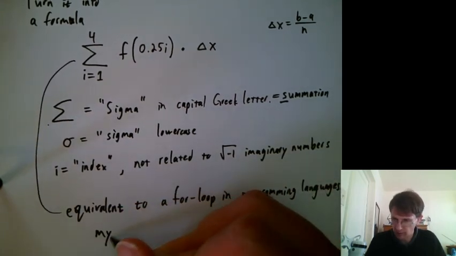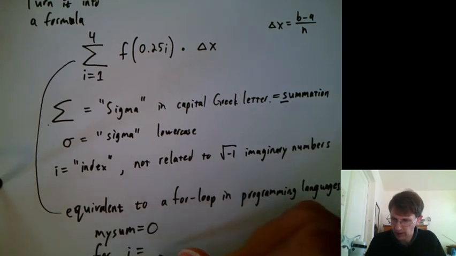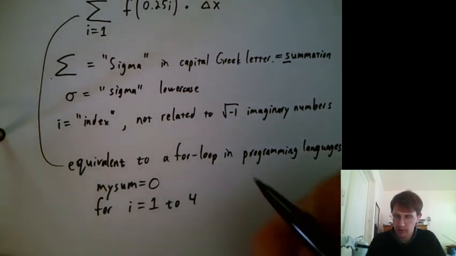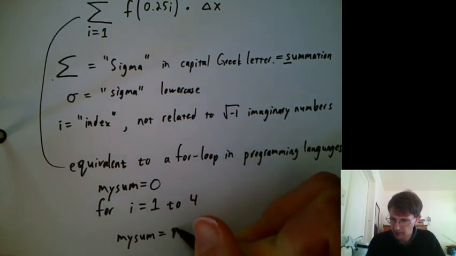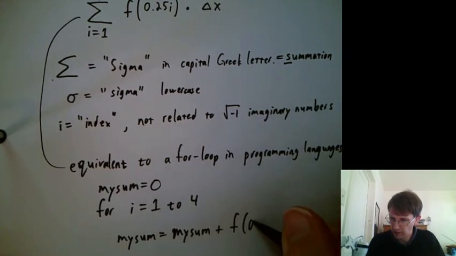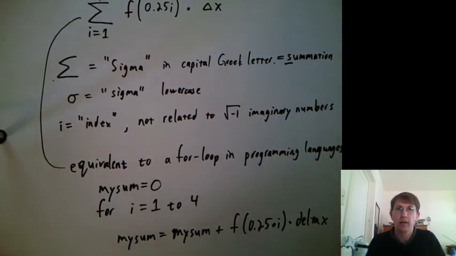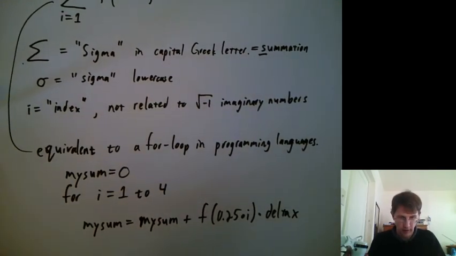So we said my sum equals 0, for i equals 1 to 4, and we did basically my sum equals my sum plus f of 0.25 times i times delta x. That's not exactly what we had written in Python, but that's kind of the meaning of what we had written.